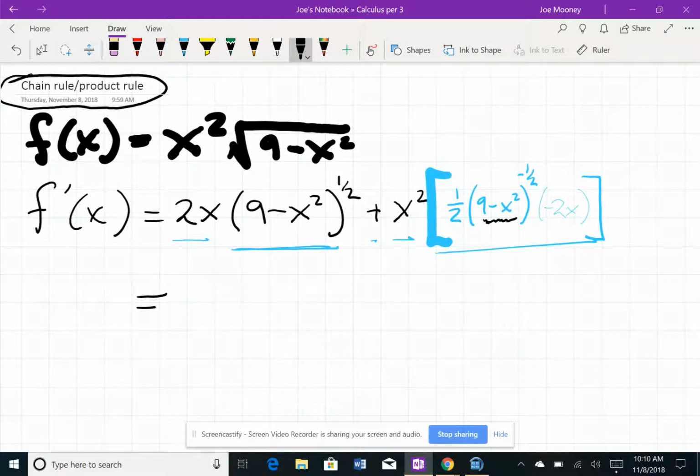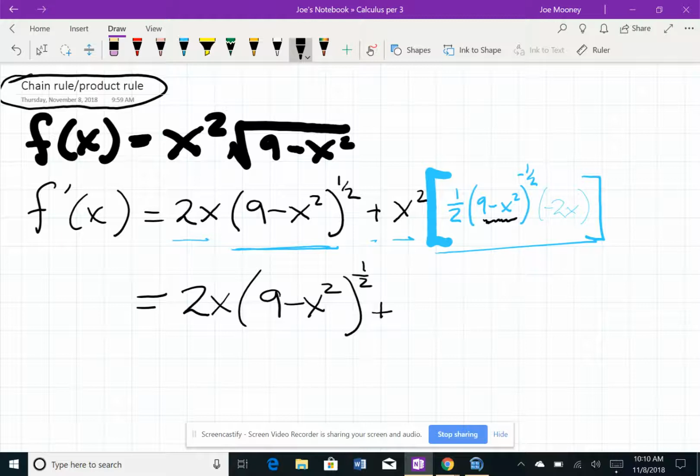So this is easy: 2x times 9 minus x squared to the power of 1/2. Now this needs a little bit of cleanup. So let's see. I've got 1/2 times a negative 2x, and then I've got that times x squared.